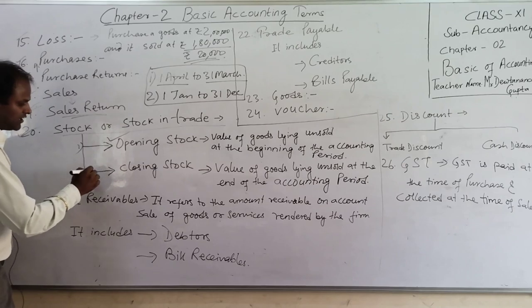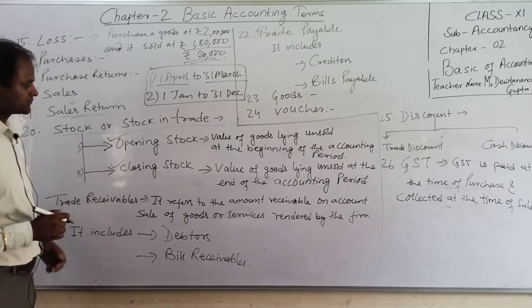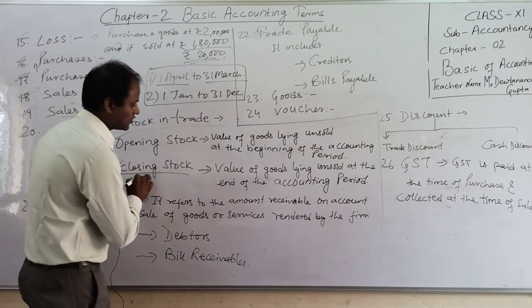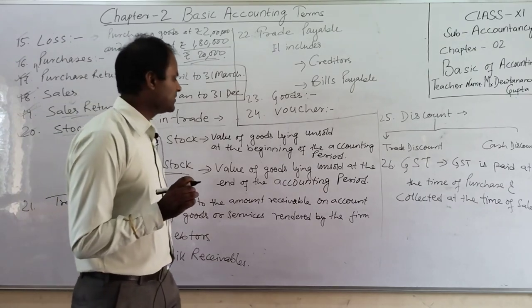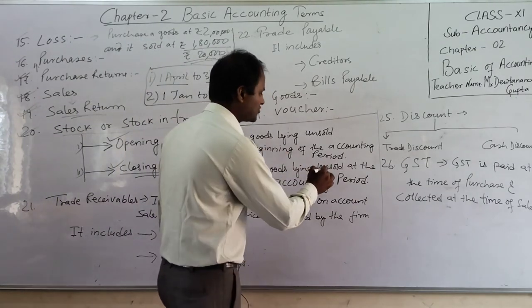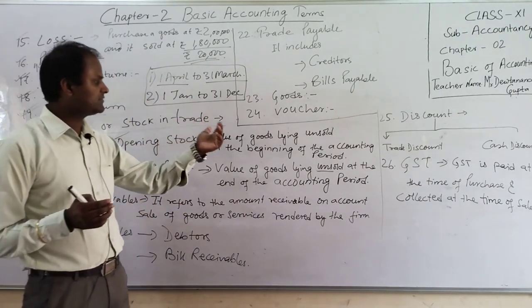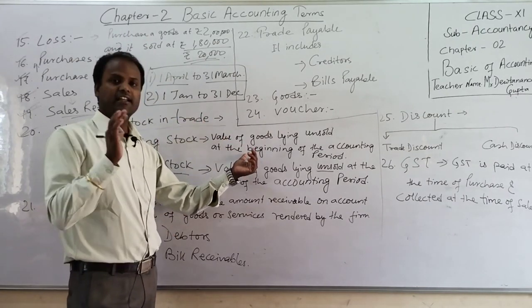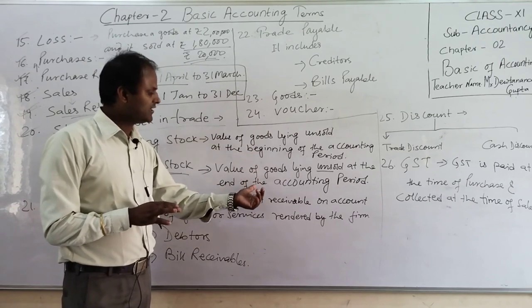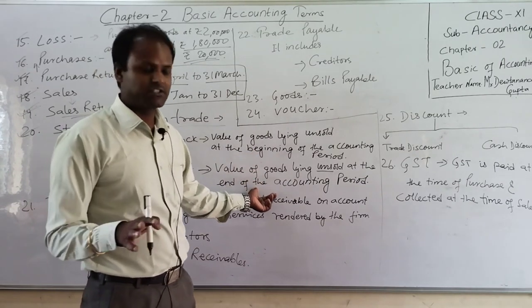Now let us go to closing stock. Closing stock means value of the goods lying unsold at the end of the accounting period. At the beginning of the accounting period, it is opening stock; at the end of the accounting period, it is closing stock.